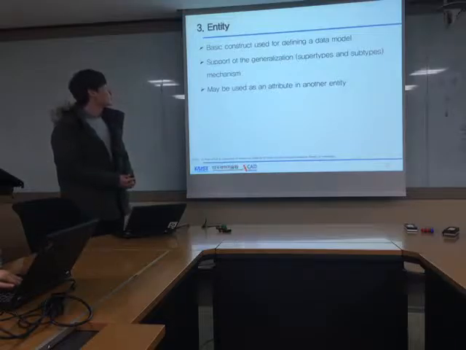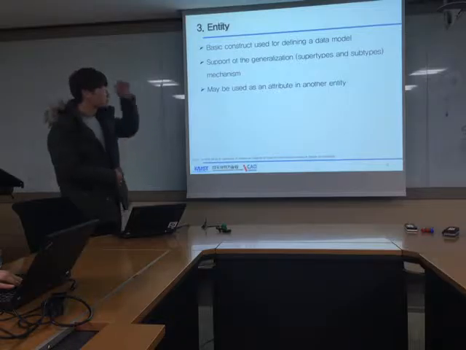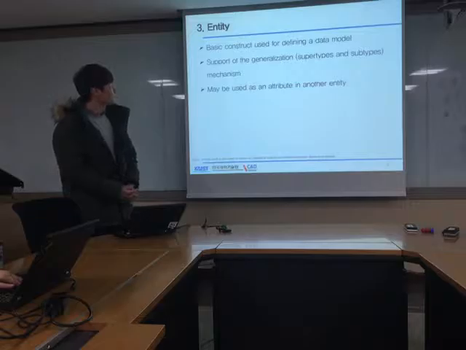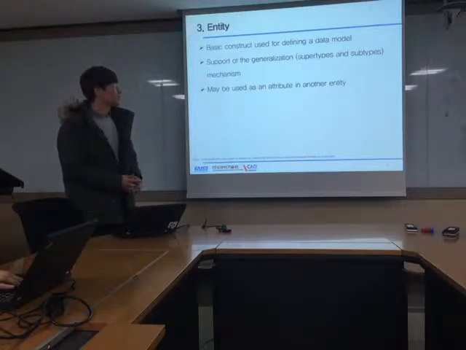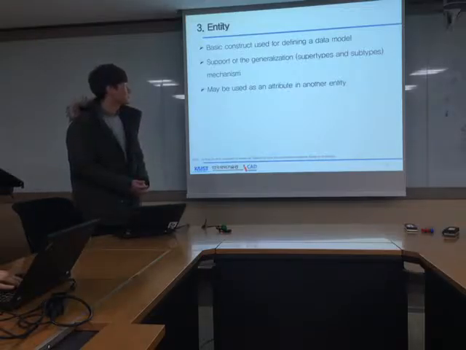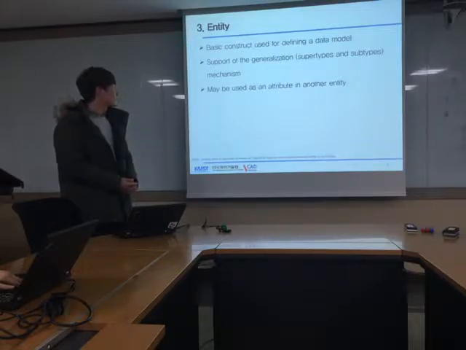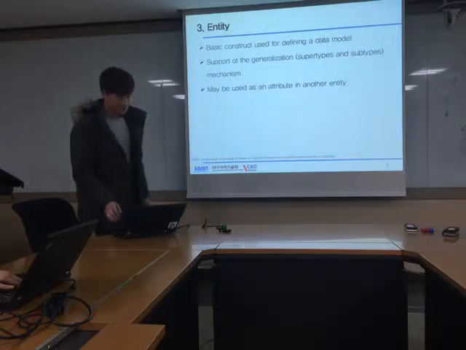And next, I talk about entity. Entity is a basic construct used for defining a data model. It supports generalization mechanisms, which are supertypes and subtypes, and it may be used as an attribute in another entity.